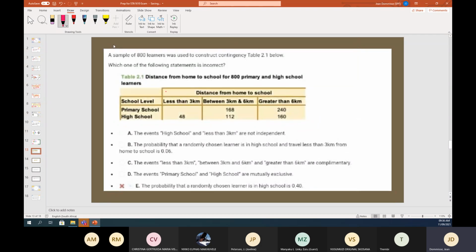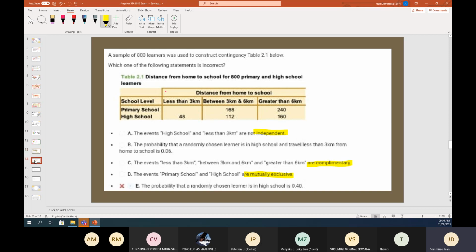The important concepts with study unit 4 are independent, mutually exclusive, complementary. We'll get to that.